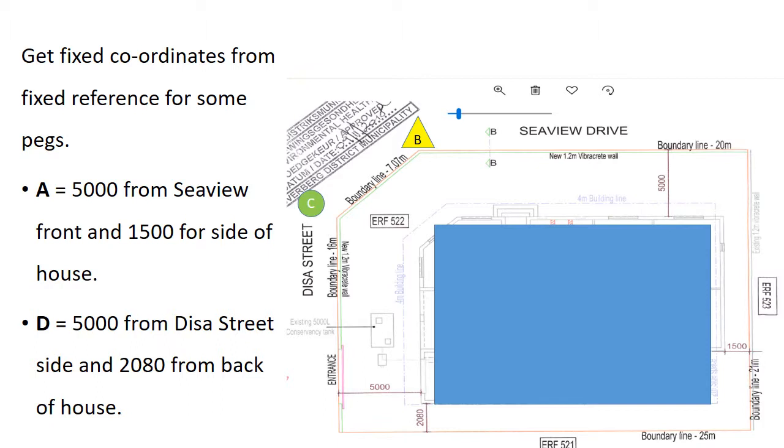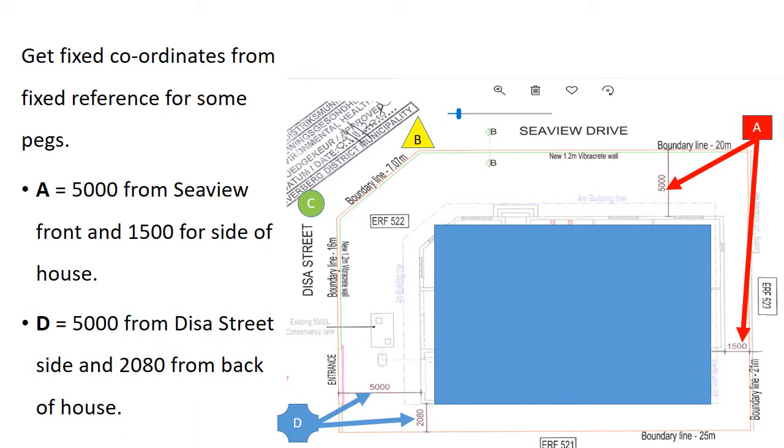You start by getting fixed coordinates for some pegs. In the case of the corner peg A, the boundary line is 5 meters from Seaview Drive, as well as 1500 from the neighbor. In the case of peg D, it is a 5000 millimeter boundary line from the street, Diza Street, as well as 2080 from the other neighbors.